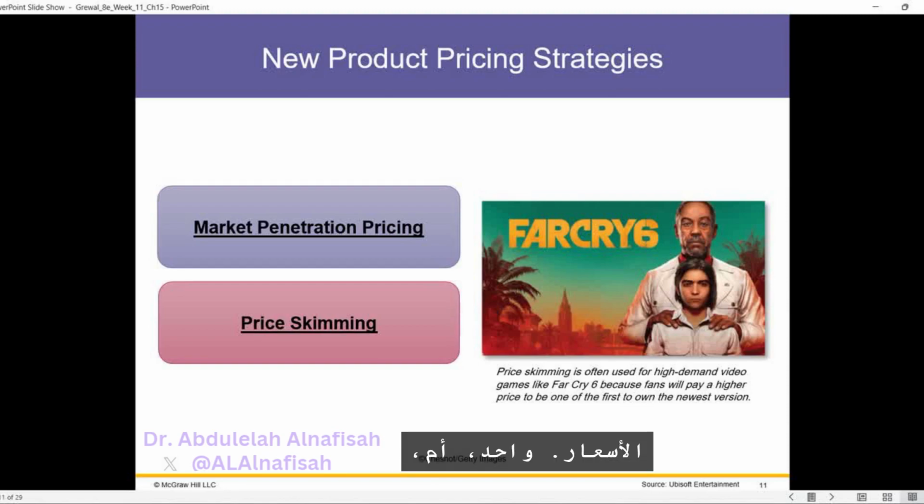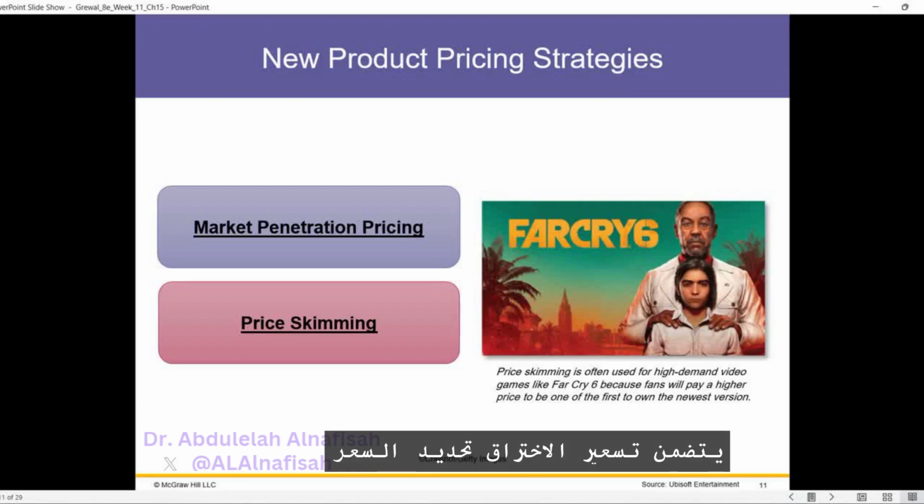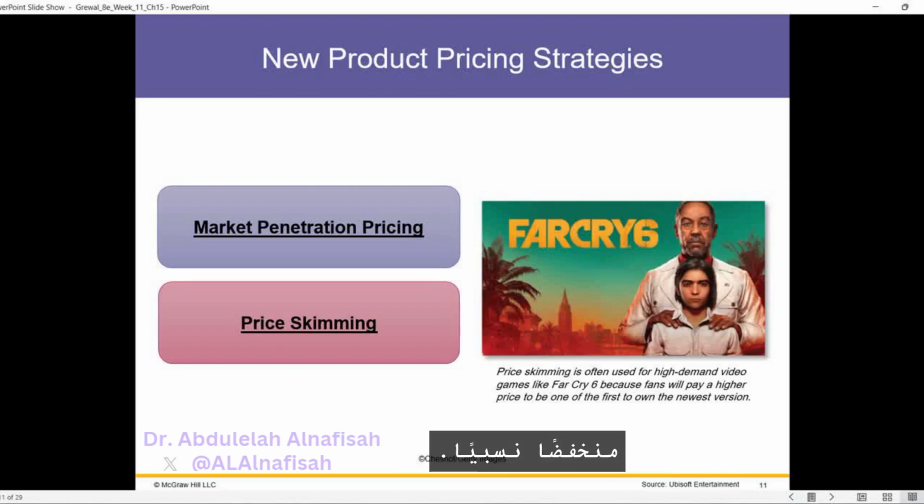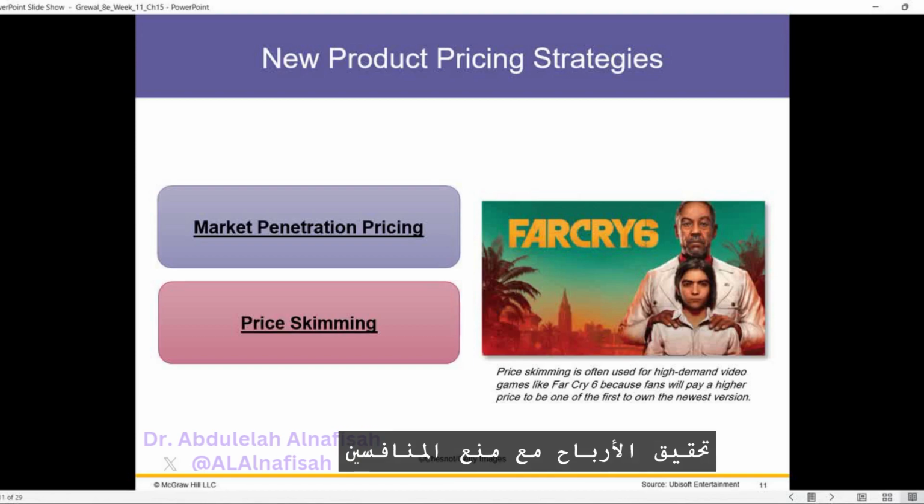1. Penetration pricing. Penetration pricing involves setting the initial price of the new product or service relatively low. The objective of this strategy is to quickly build sales, capture market share, and generate profits while deterring potential competitors from entering the market.